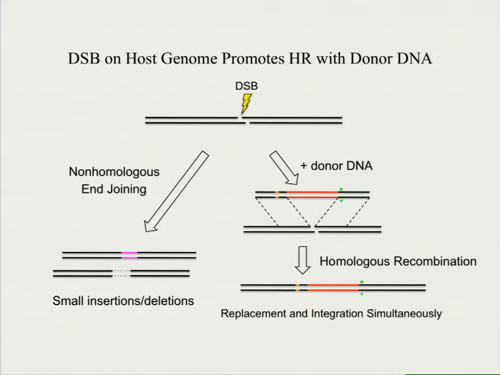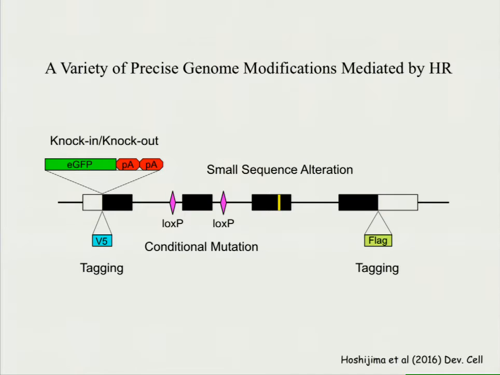Go ahead. With this procedure, we could create a variety of modifications as described here. In my talk, I would like to present several points for successful recombination to complete these modifications.